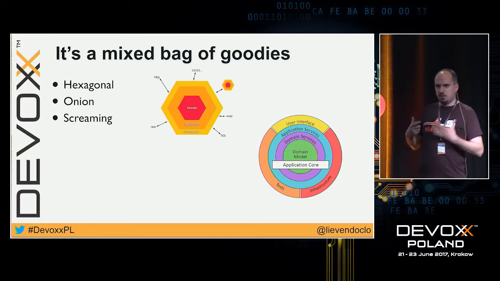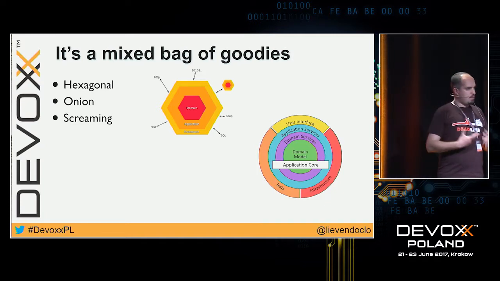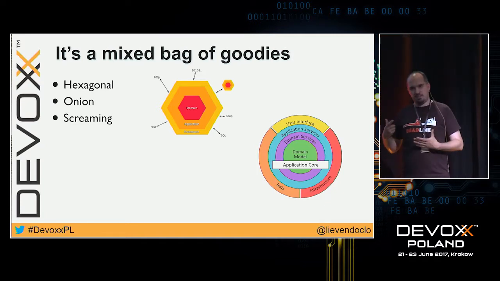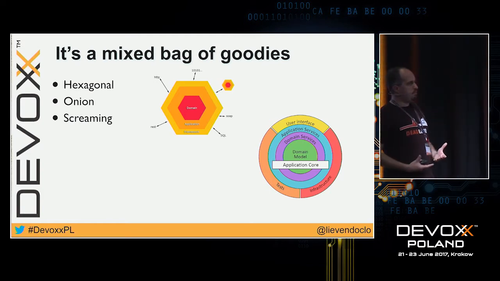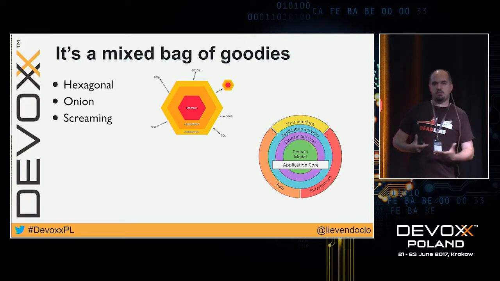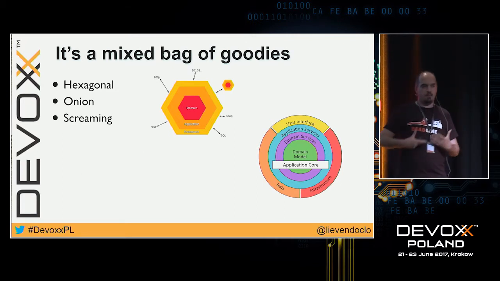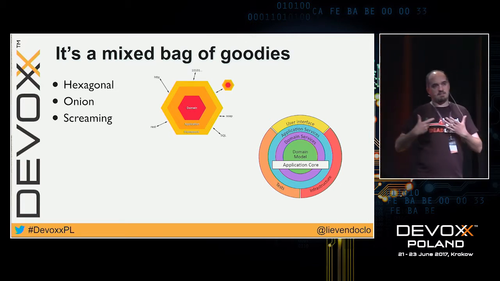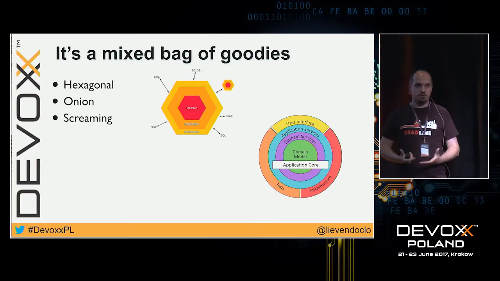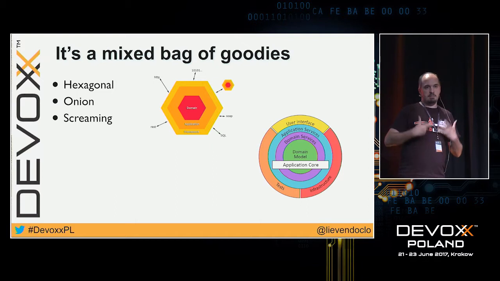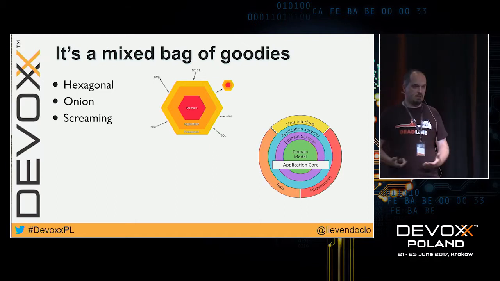And then you also have the concept of screaming architecture. Screaming architecture is not so much technical, but more from a business perspective. It makes sure that your code actually reflects the language spoken by your business and not a technical solution. So you're talking the business language and not the solution language.